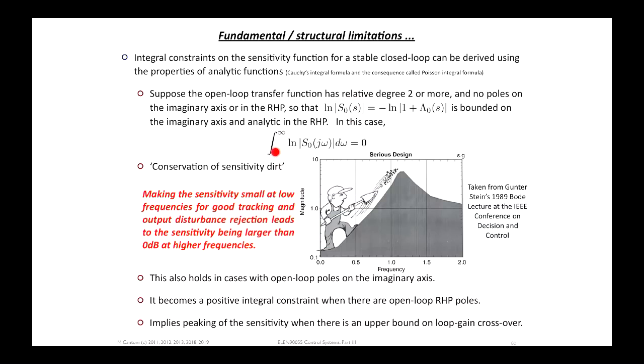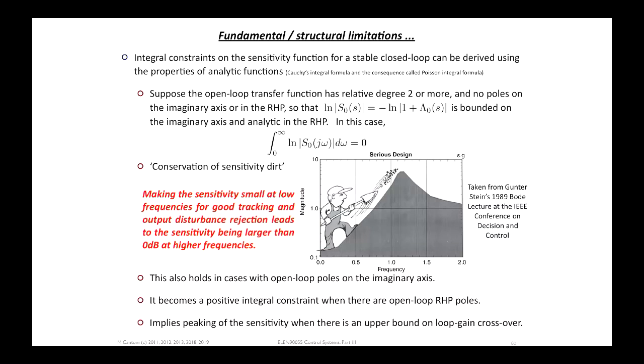What we're doing here is integrating along a contour that contains the right half plane, and because this function is analytic, we end up with 0 integral, by virtue of Cauchy's integral theorem.